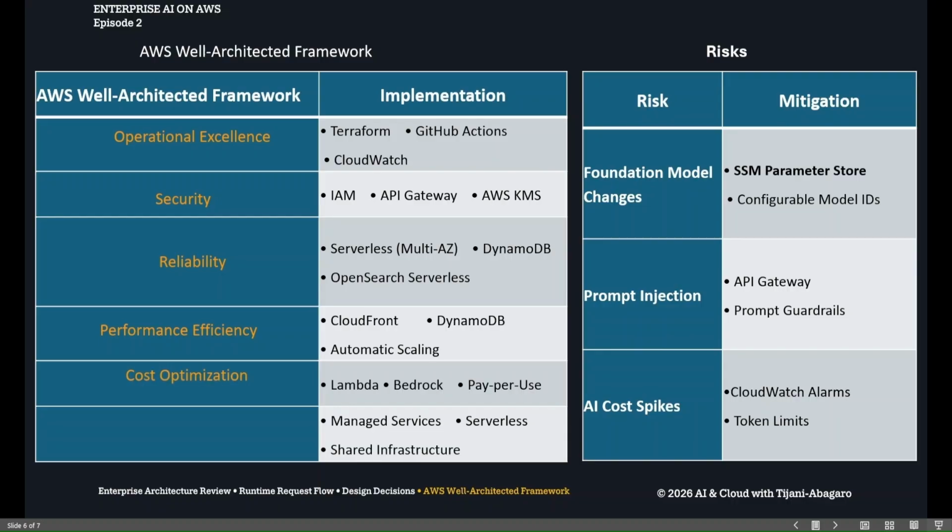Cost optimization comes from adopting a fully serverless pay-per-use architecture that eliminates idle infrastructure. Finally, sustainability is supported by using managed AWS services that optimize resource utilization through shared cloud infrastructure.